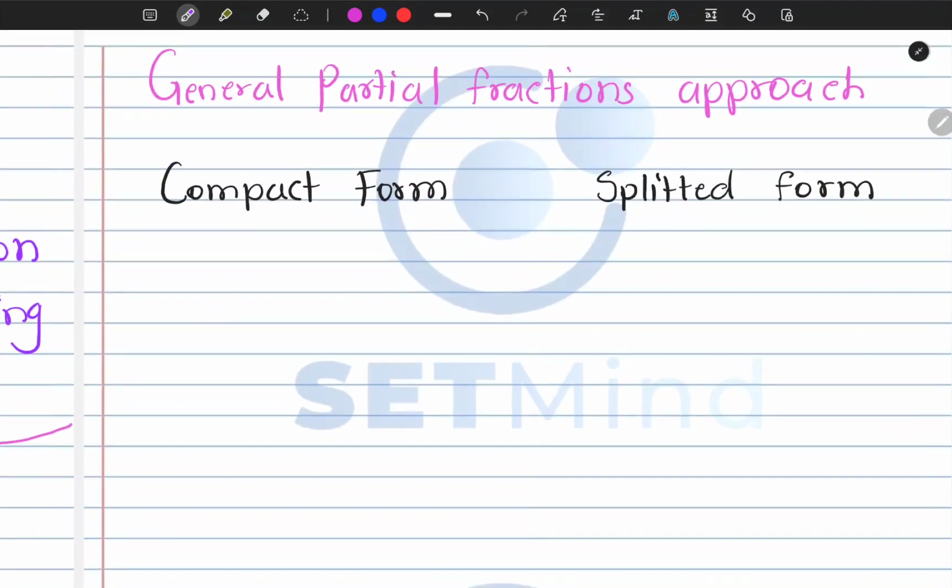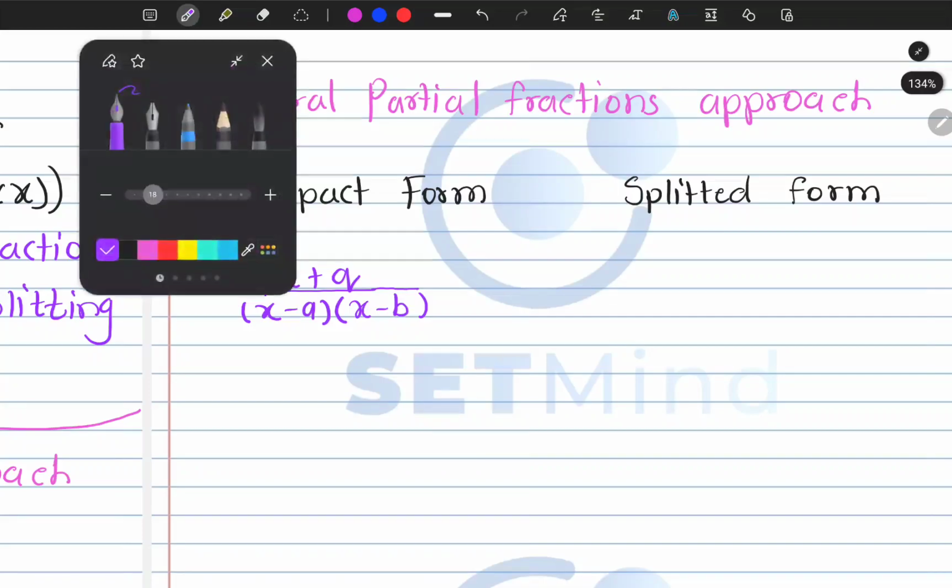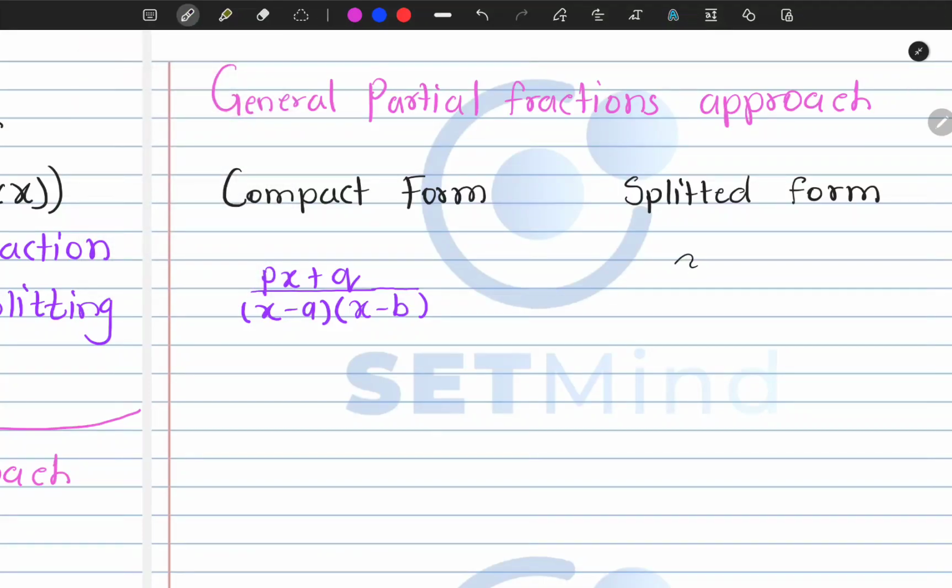So if I have a partial fraction of the form px plus q, all divided by x minus a multiplied by x minus b, when I split it into its partial fraction form, it will be A divided by x minus a plus B divided by x minus the small letter b.